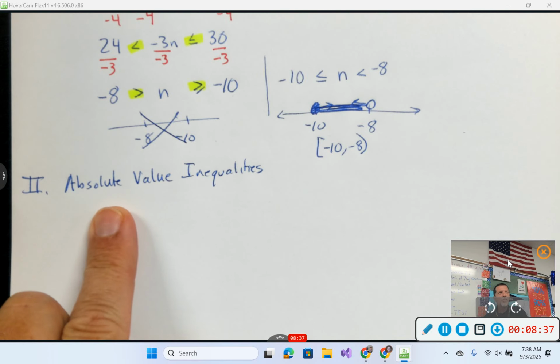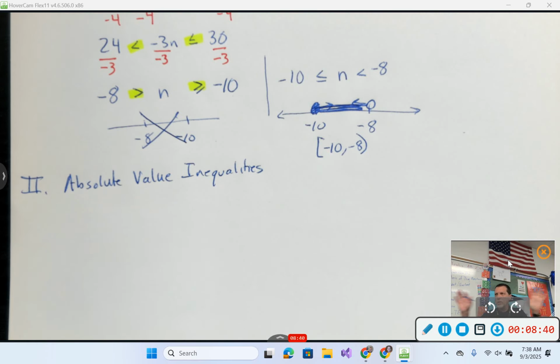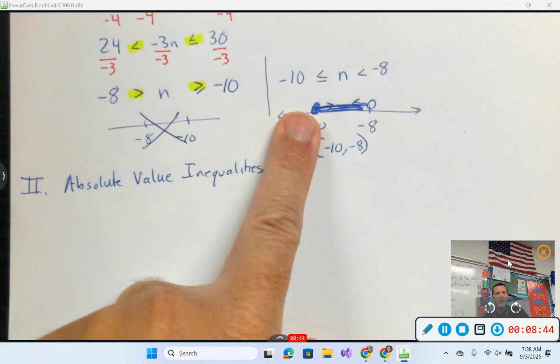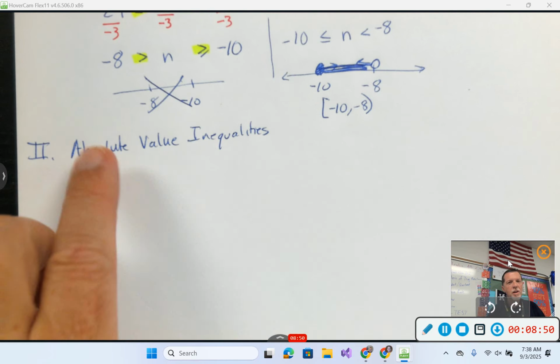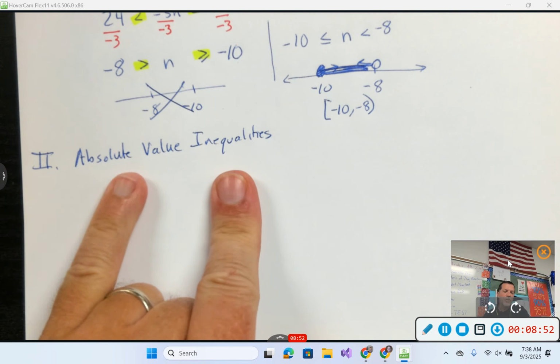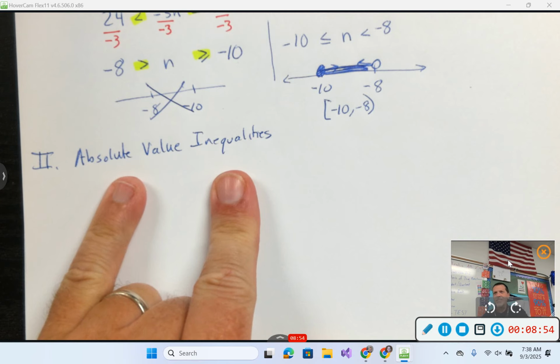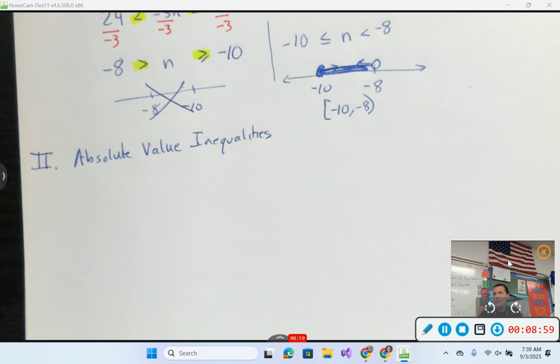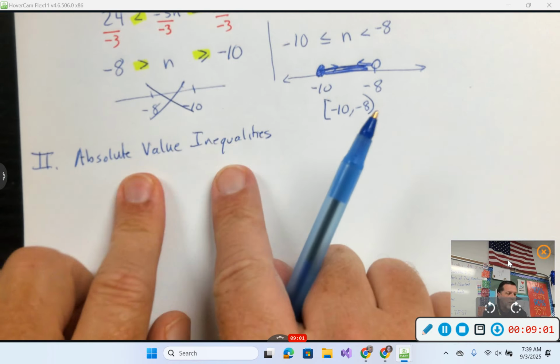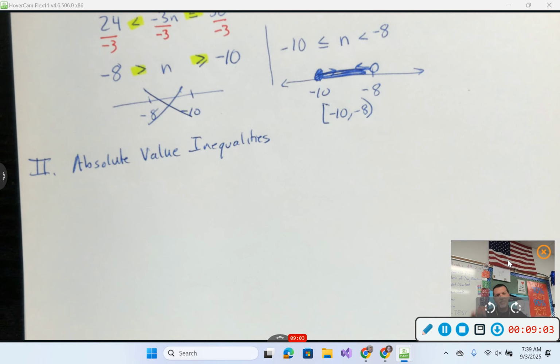That was last Friday. Split them up, set them equal to the positive and the negative. We've done inequalities. We just did an example of that. Now we're going to put those two ideas together. And so this is where people start to get confused, right? Because if you're good at absolute value and you're good at inequalities, it's still kind of confusing to put them together. If you struggle with either or both of these, then putting them together is really bad.